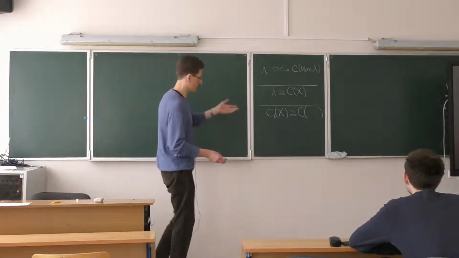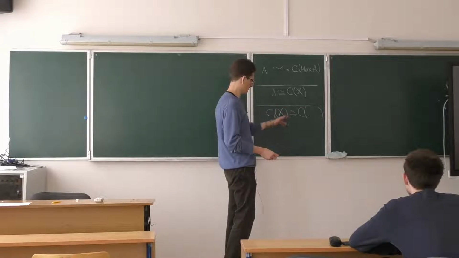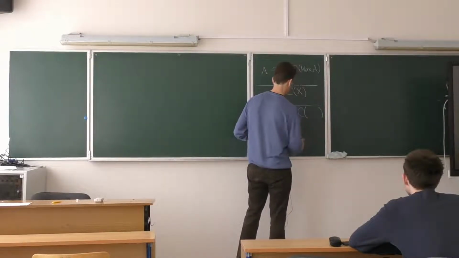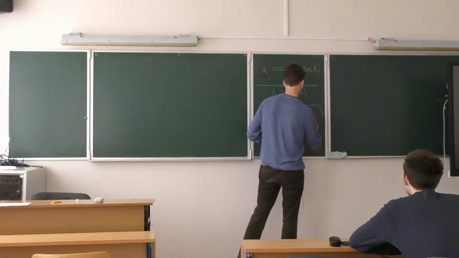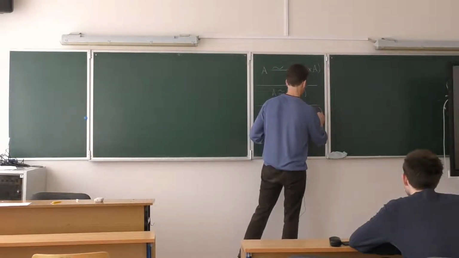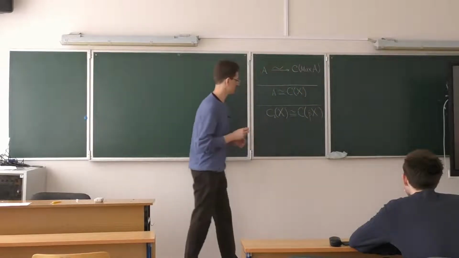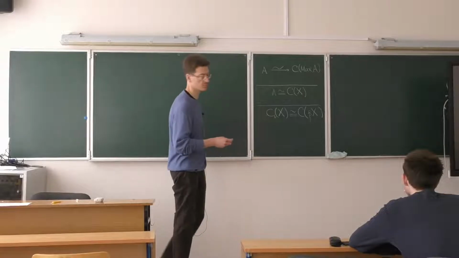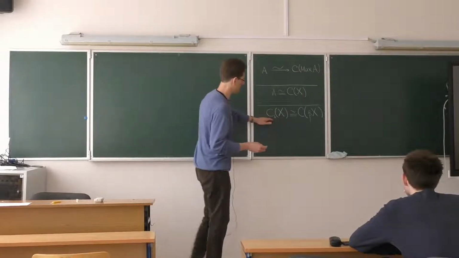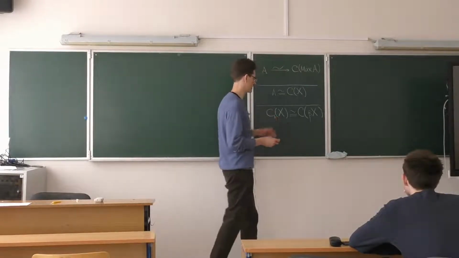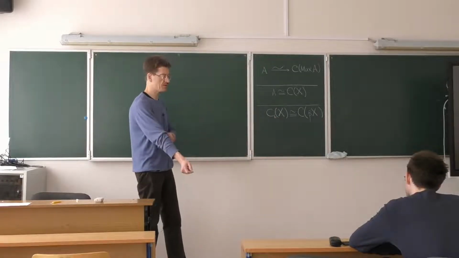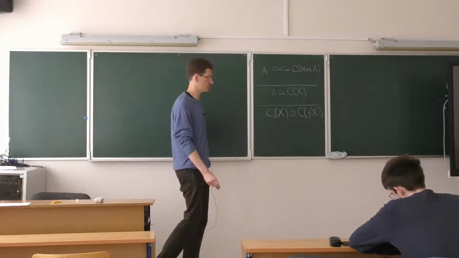So what is this space? Actually, it turns out that the maximal spectrum of this algebra has a very classical topological meaning. This is exactly the so-called Stone-Čech compactification, beta X of X. So this is what we get after we apply the Gelfand-Naimark theorem to the algebra C_b of X. And actually, this is probably the most convenient way to introduce the Stone-Čech compactification.